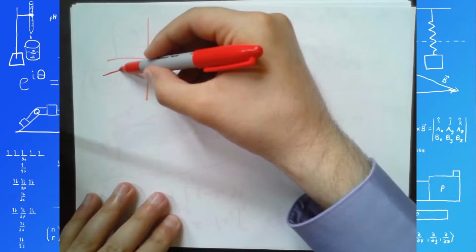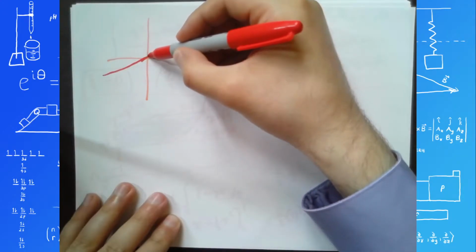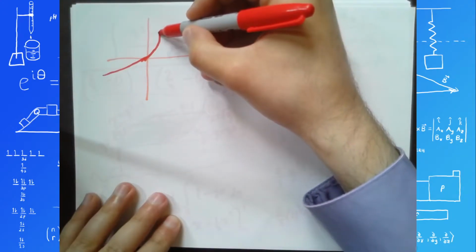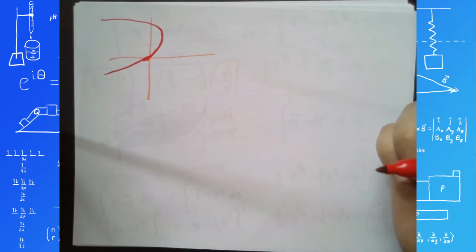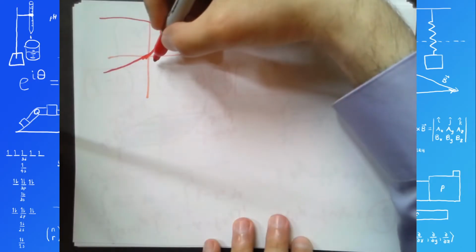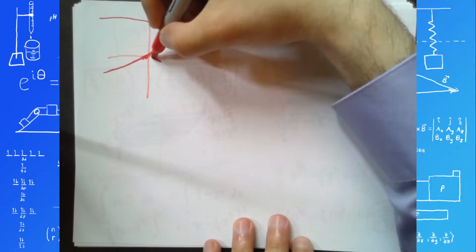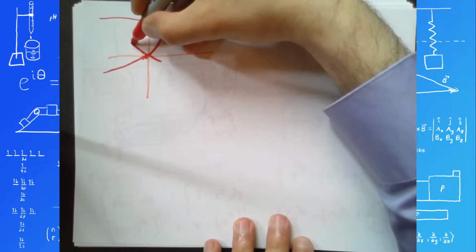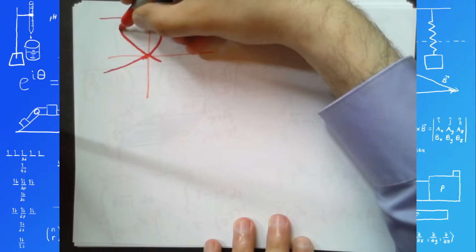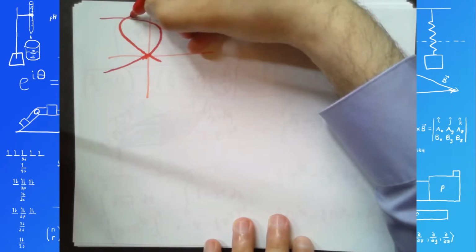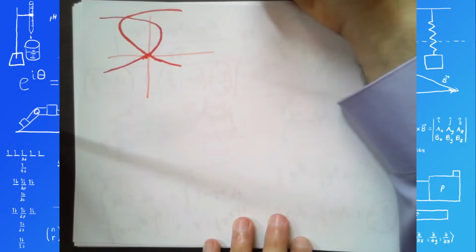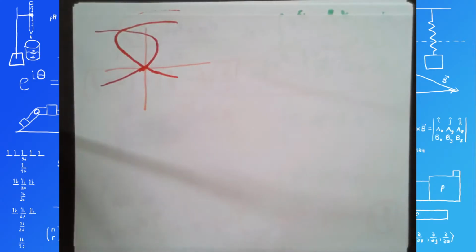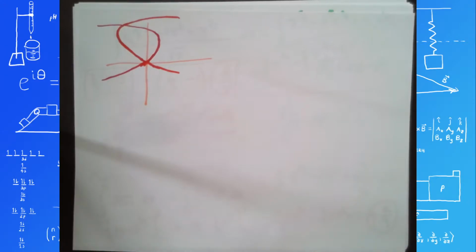One looks like this, going through the origin and curving back like that. And then the other one, well, it also goes through the origin, but it kind of goes something like this. And yeah, I didn't draw that too symmetrically, but they are supposed to be parabolas.